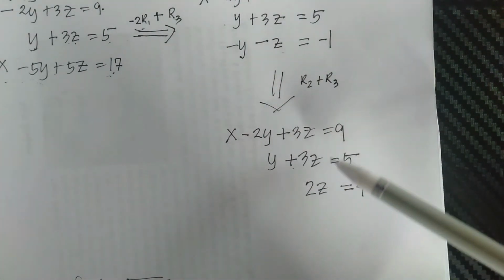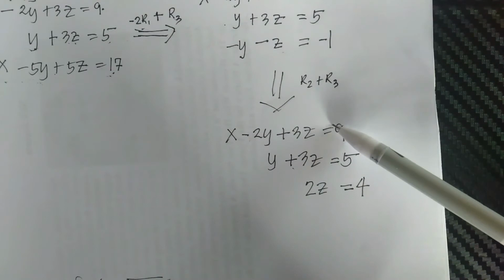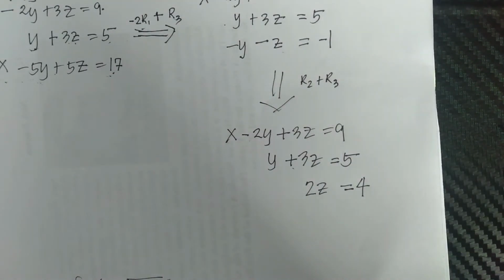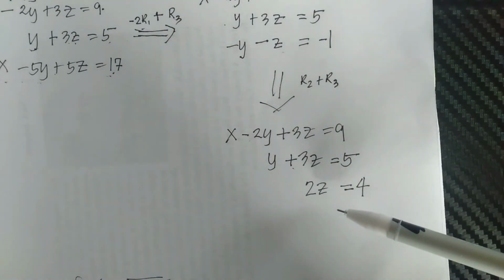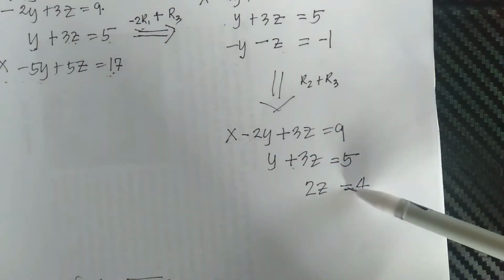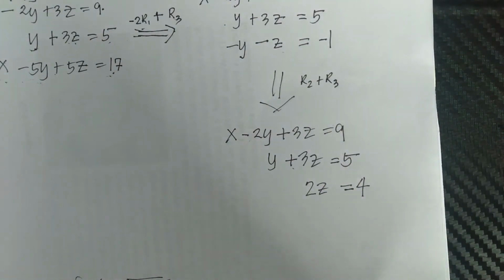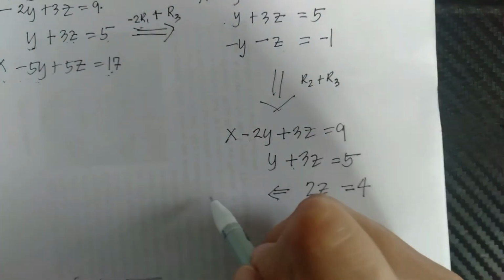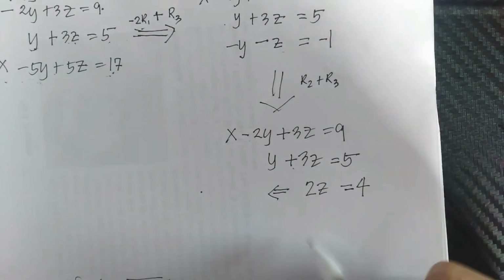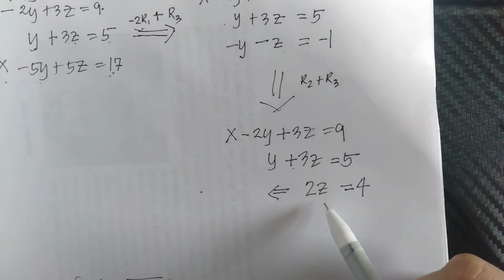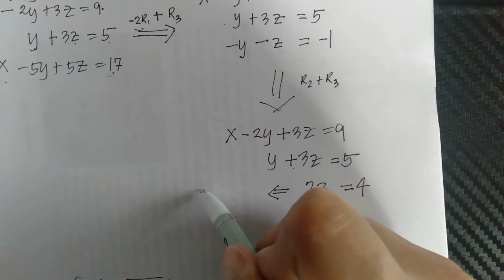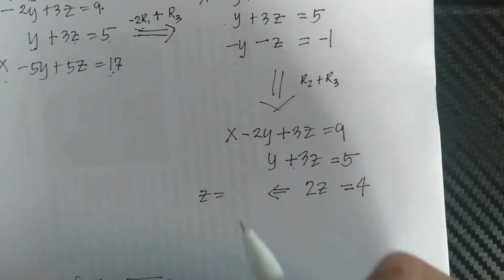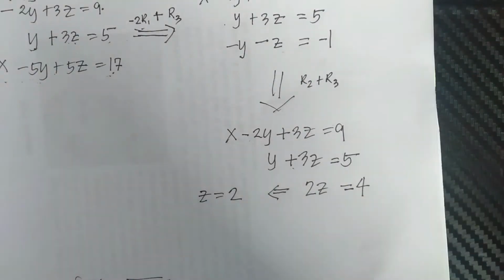What we need to do now is to simplify it. For z, you multiply by 1/2, and it becomes z equals 2.